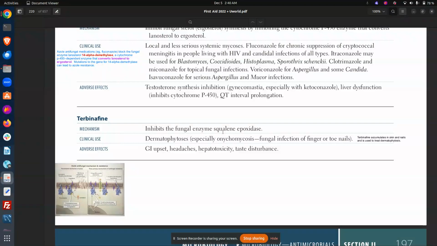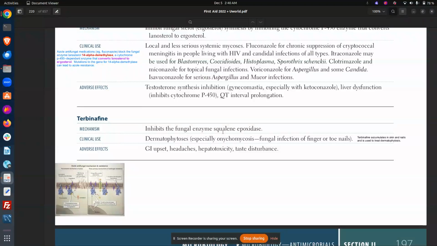It is also used in onychomycosis, like fungal infections of the fingernails or the toenails. It is the first line therapy for onychomycosis. Whenever in the question stem they say that the person has a fungal finger or toenail infection, the first line therapy would be terbinafine. Okay.